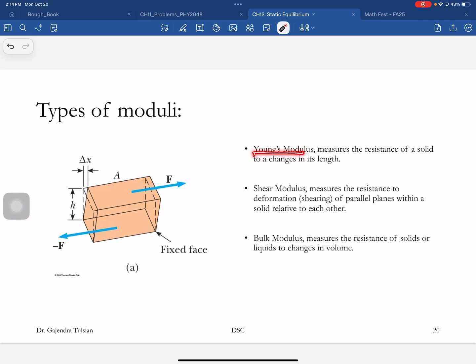Young's modulus, when a solid is undergoing a change in length. Shear modulus measures the resistance of deformation of parallel planes. And bulk modulus measures the resistance of solids to change in volume.